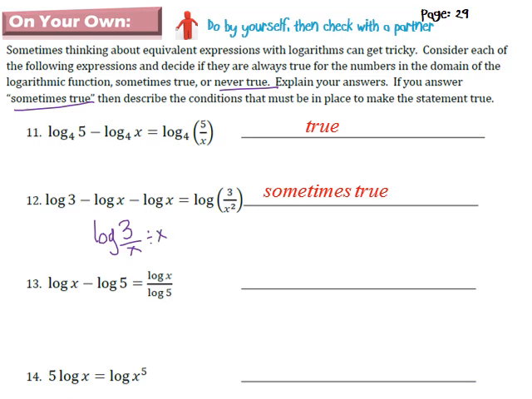So if I'm dividing by x, that's the same as multiplying by the reciprocal, so we could say that that's the x squared. Okay, however, this is a pretty tricky one because I think that you would want to put those brackets there, so that's why I'd put sometimes true, so I'm going to put a star next to that one. Okay, next. Is this true?